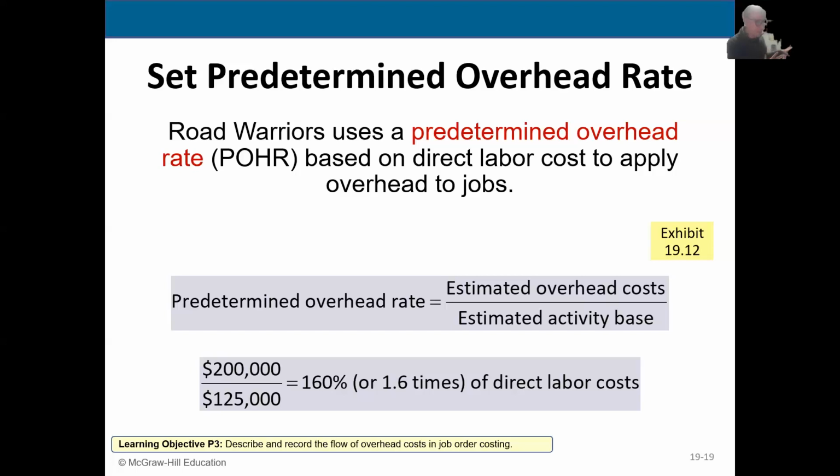In our earlier example, we had 160% of labor. How do we get that 160%? You might be asking. We take the estimated overhead cost of 200,000 in this example, divided by 125,000 hours of activity base we expect to use. 200,000 divided by 125,000, of course, is 160%, or 1.6.